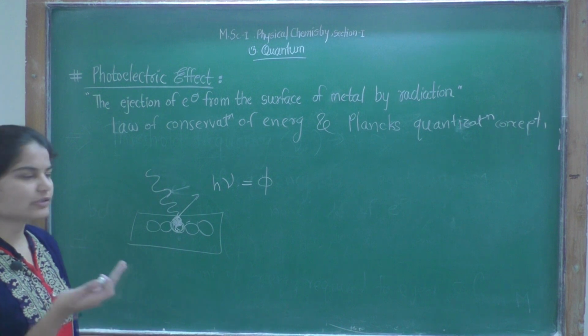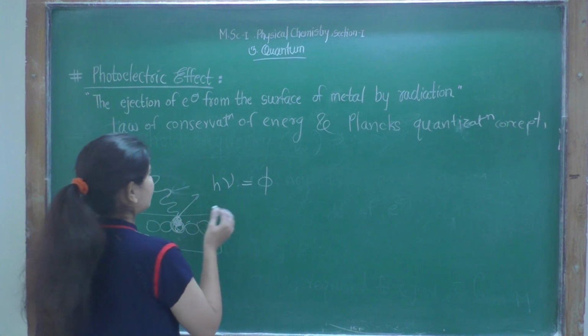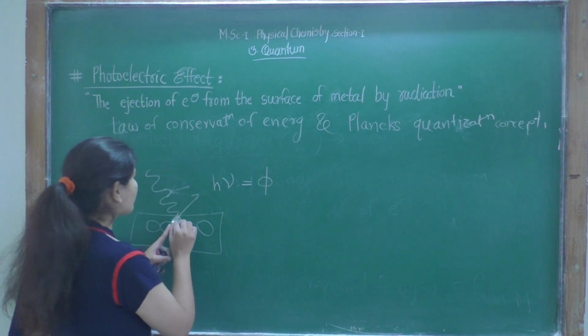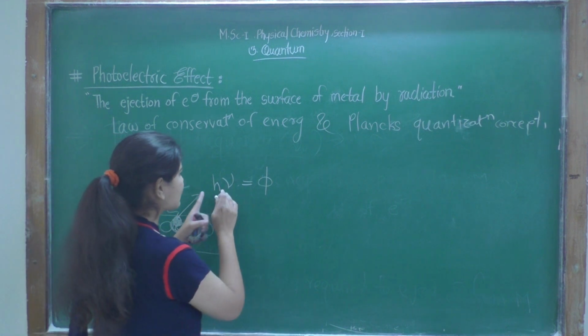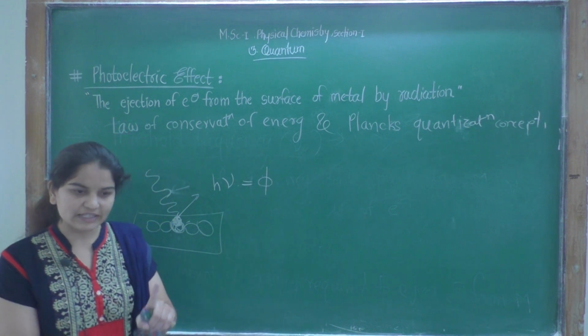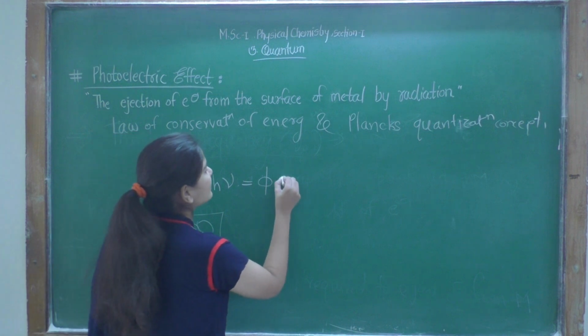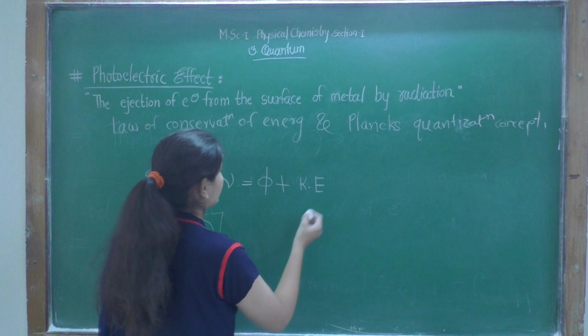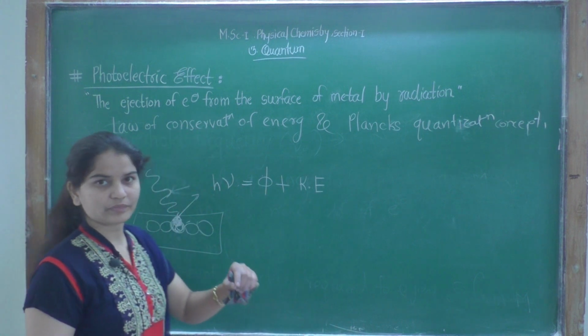To get just ejected. And after that, what will the remaining energy do? It has h nu amount of energy. Out of that, phi is used to get ejected, and the remaining energy is utilized to move away from the metal.